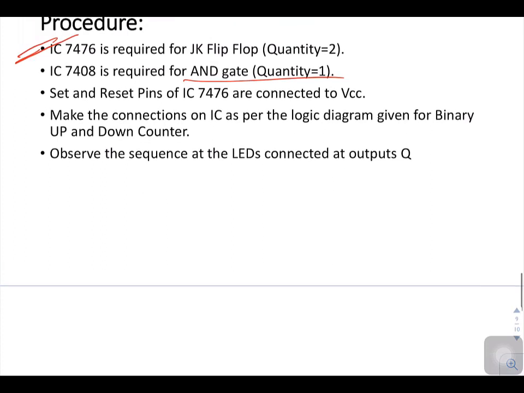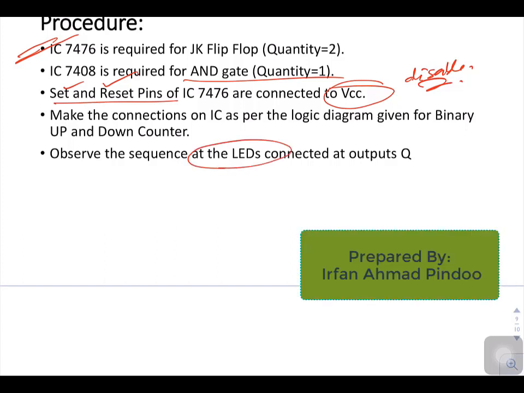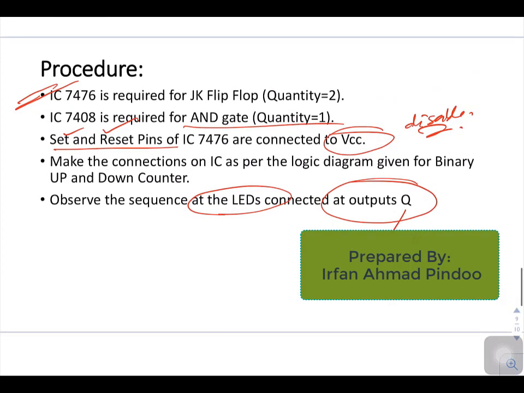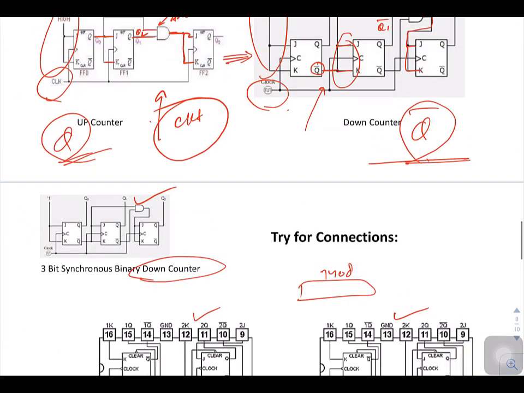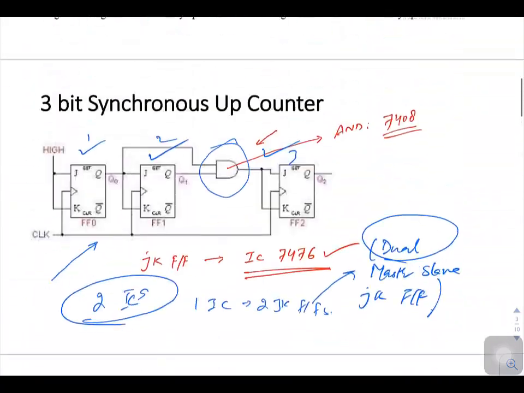Then, as I said, an important point: your set and reset pins must be connected to VCC so that we can disable your set and reset, and your counter will start normally. We also have to ensure that the LEDs where you can observe your output are connected at the output pins of Q.